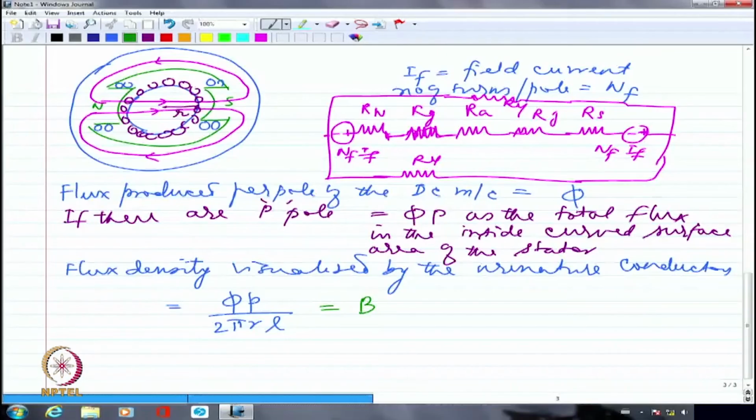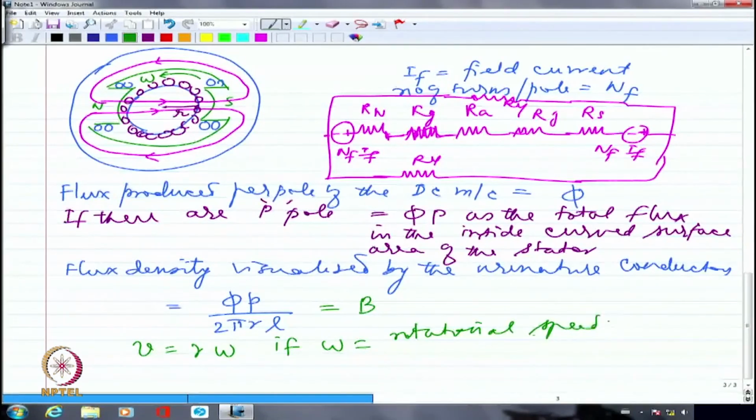If I am rotating this armature with the velocity of omega radians per second, every conductor will have a linear velocity V equal to R omega, where omega is the rotational speed in radians per second. And of course L is the length of the conductor.